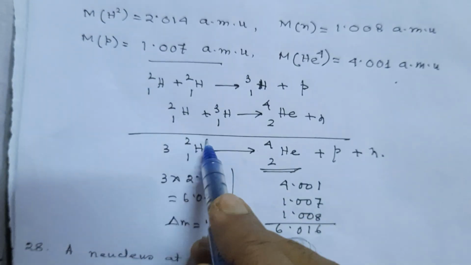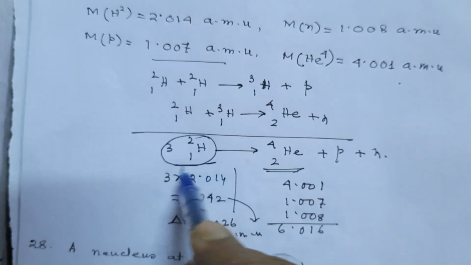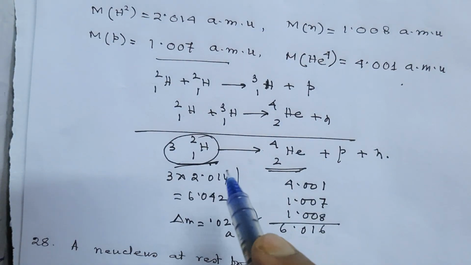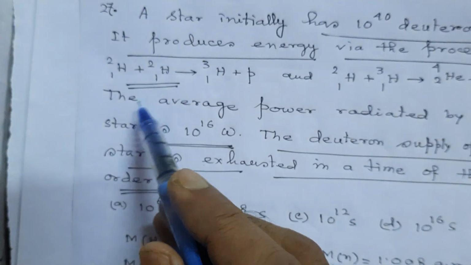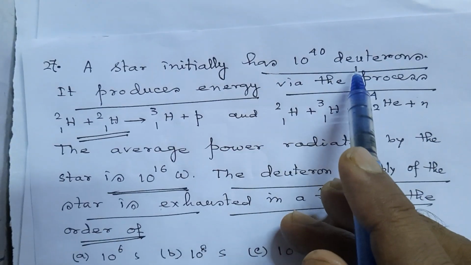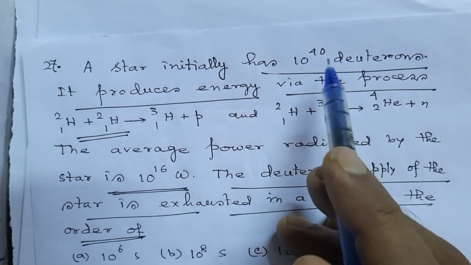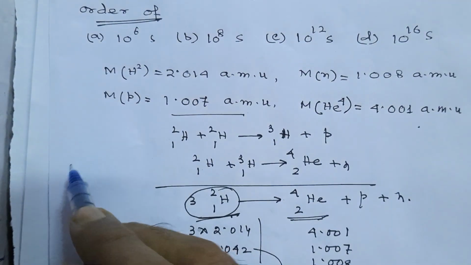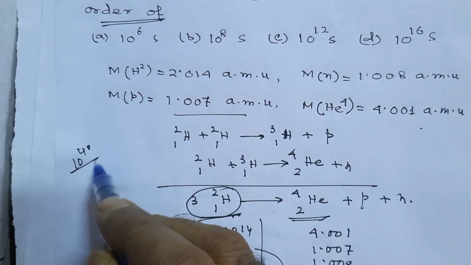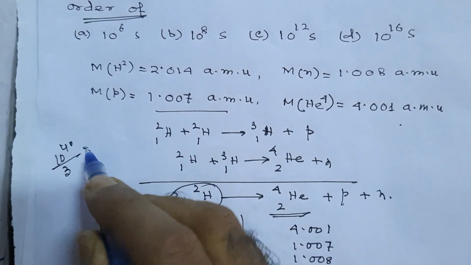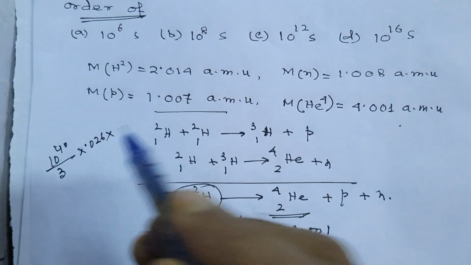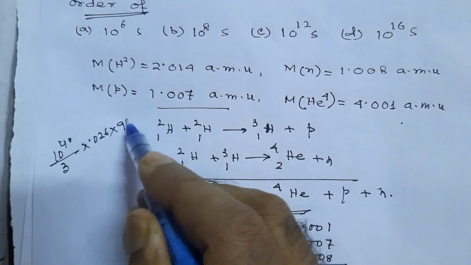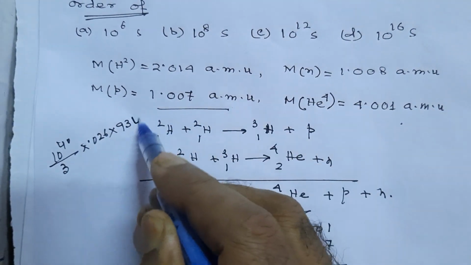Now, 3 deuterons are reacting in each complete reaction. There are 10 to the power 40 deuterons initially. So the total number of possible reactions is 10 to the power 40 by 3, and in each reaction we get 0.026 AMU of energy, that is, into 931 MeV, or 930 approximately.